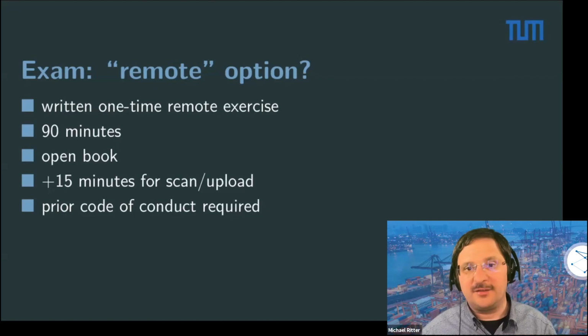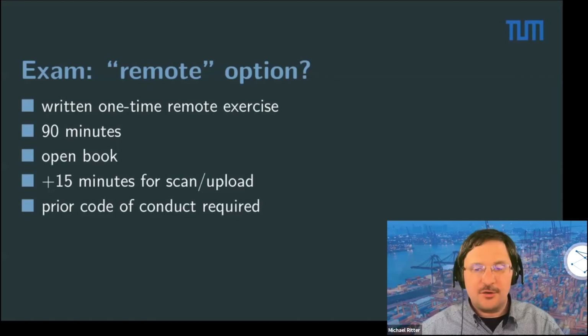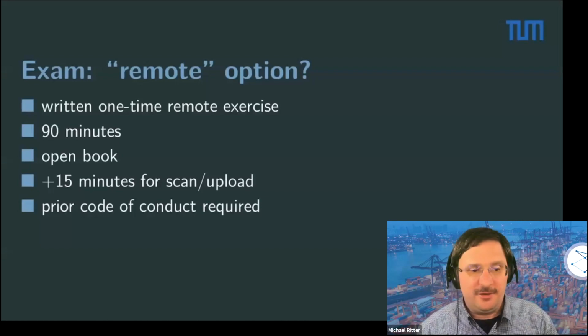And as in Math 1, a prior code of conduct would be required for that. I'm going to let you know about the details once things become more clear. But just so you know, these are the two principal options that we have here.